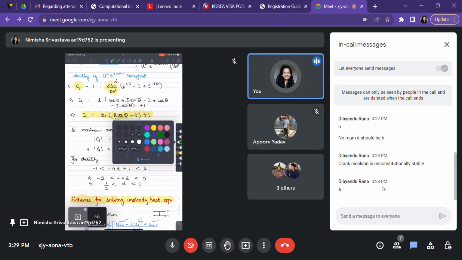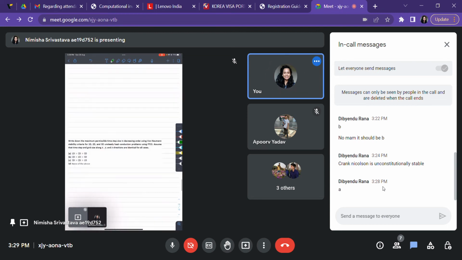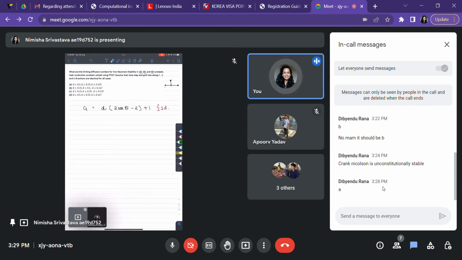This term corresponds to the spatial part. This one I got because I had un plus 1 minus un and then I shifted the un to the other side. So this one is not associated with my spatial terms. Extrapolating, I can write down the expressions for G in 2D also.